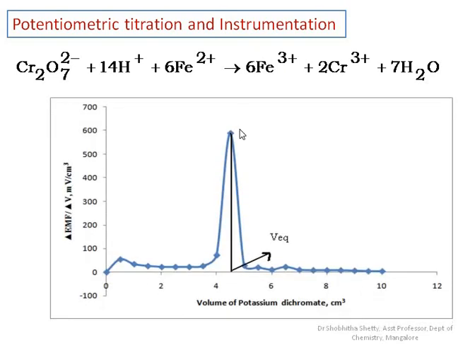And this is a graphical representation for this experiment, where you plot the change in EMF versus volume of potassium dichromate, the oxidizing agent. You can see there is steady variation in the potential developed here, and at some point there is a sharp change, a sudden jump in the value, and after that again steady variation in the potential.